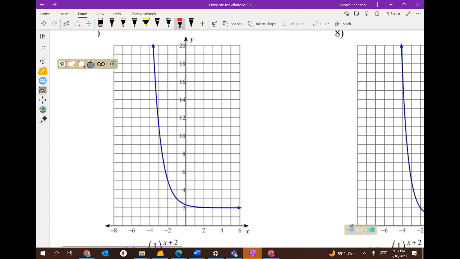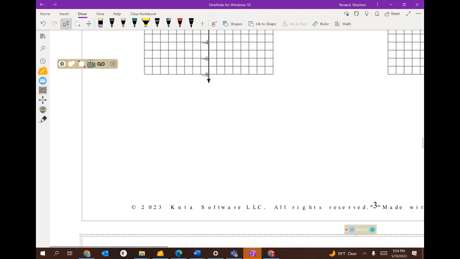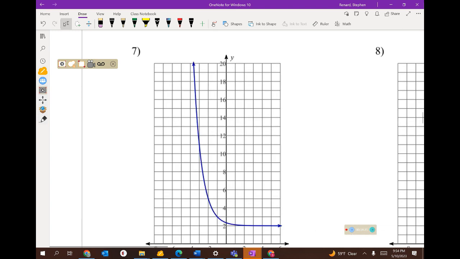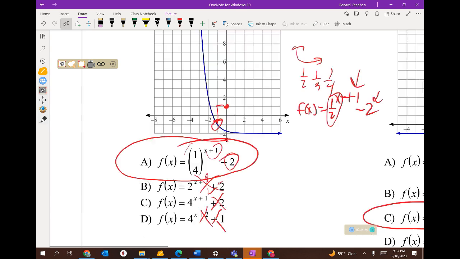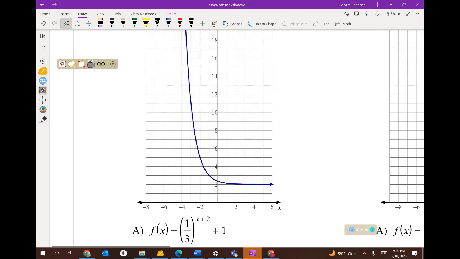Okay, we got 2 more of these. So we have a fractional exponent, just like we had up here, where we're going to have 1/2, 1/3, or 1/4.